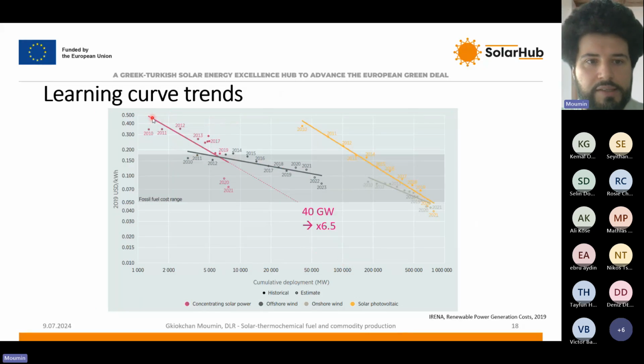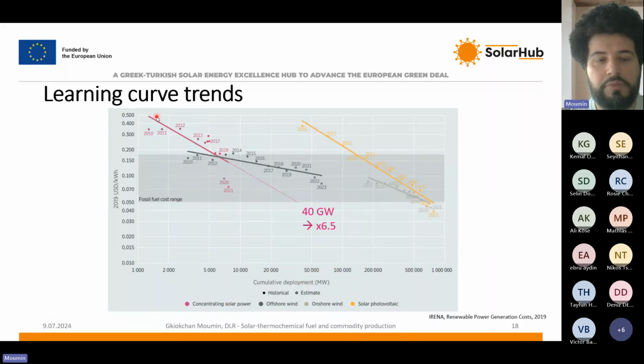So if we just look at CSP, it's the purplish line, we can see with the installations, it dropped below $0.15 per kilowatt hour. And we can see again, the other technologies are cheaper. This is what we saw before. And PV also dropped quite significantly. One important message here is that the inclination is actually the same.